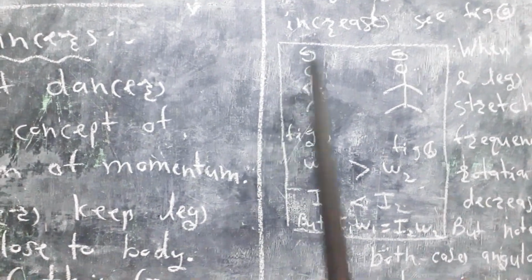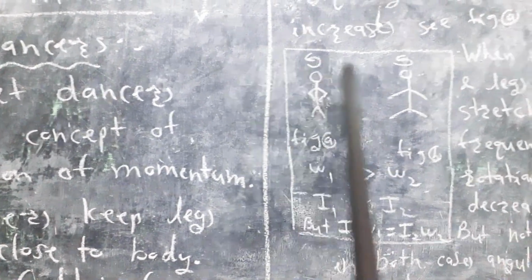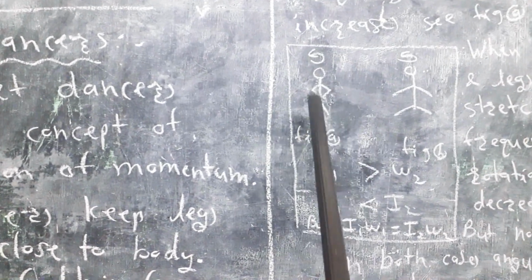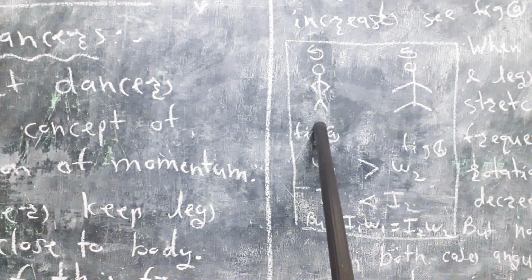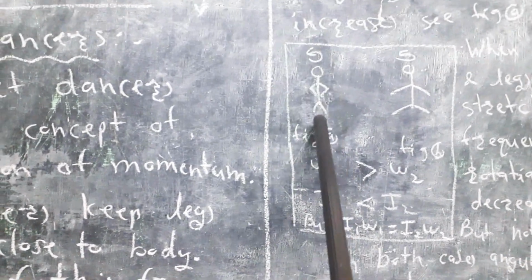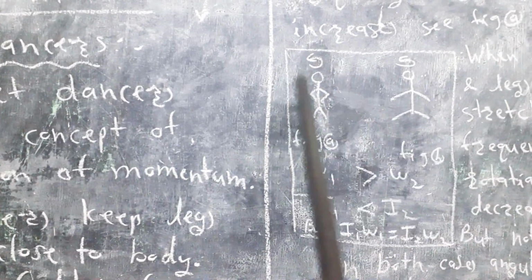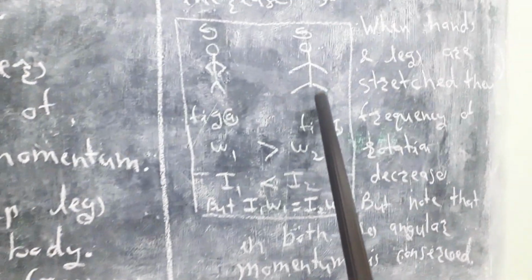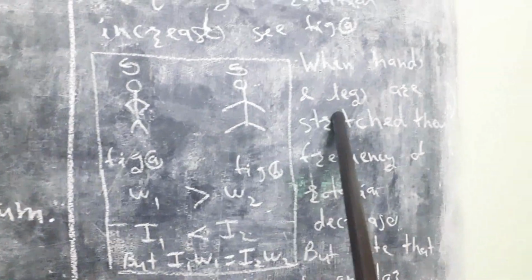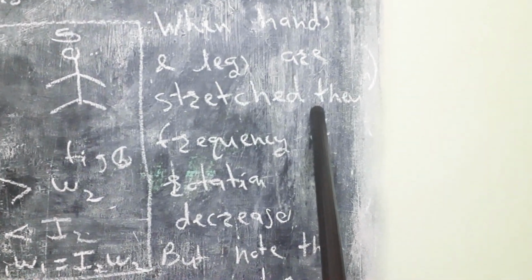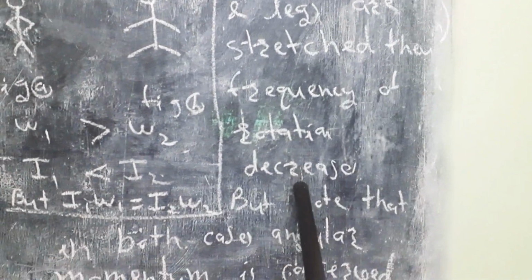So in this case the moment of inertia, capital I, is somewhat smaller. Rotational inertia is smaller, or we can say rotational mass is smaller, and because of this the speed of rotation increases. On the other hand, as shown in the figure, when hands and legs are stretched, the frequency of rotation decreases.